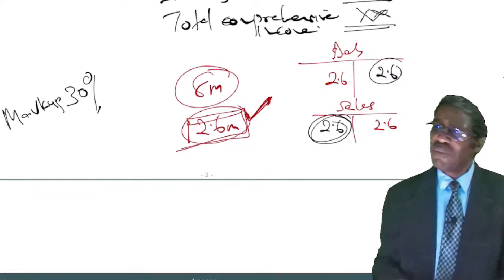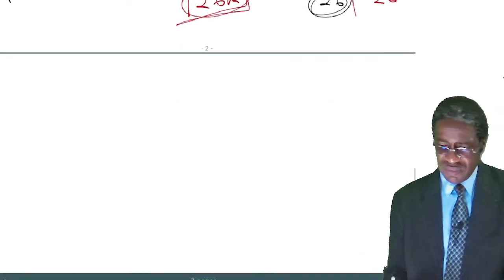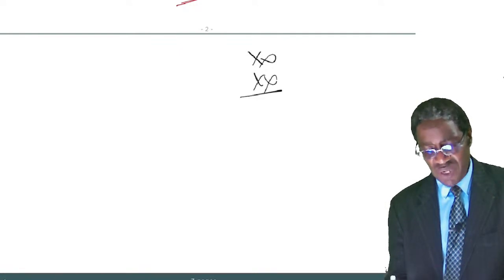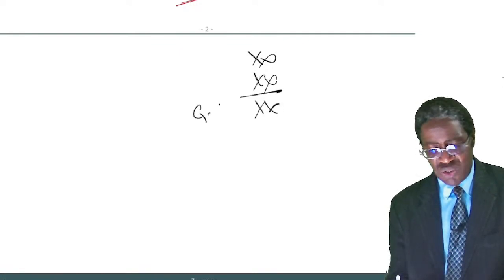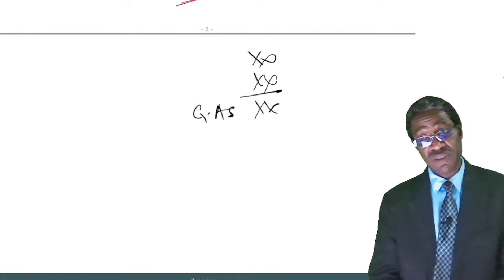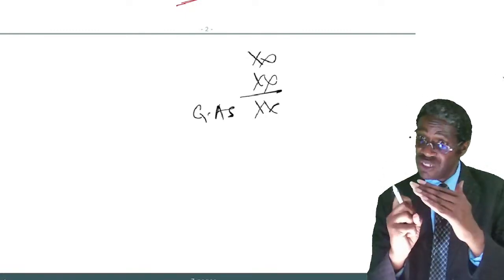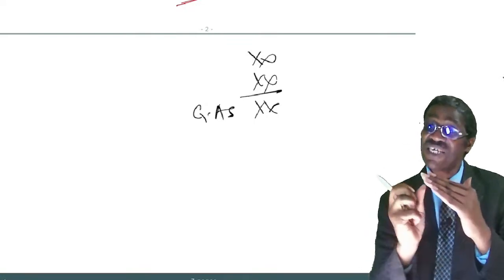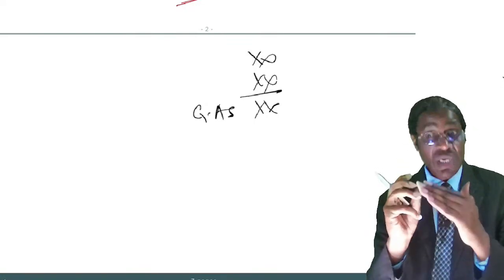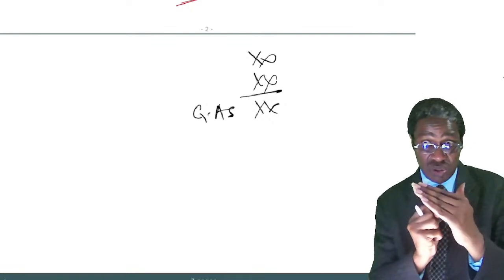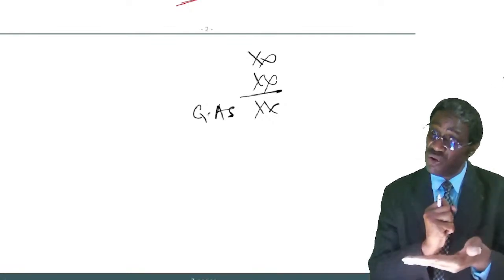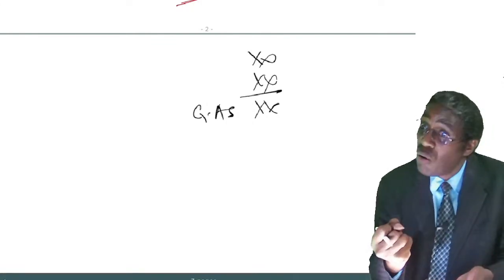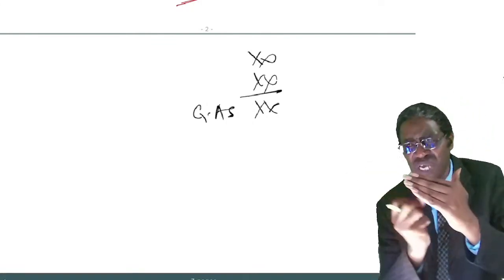Listen carefully. We normally take opening stock, we add purchases, and we get the goods available for sale. Then from that goods available for sale, we deduct closing stock. So if we deducted something small, the cost of sales we got down there is obviously more, because we should have deducted a bigger amount.